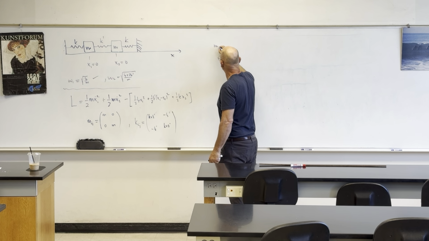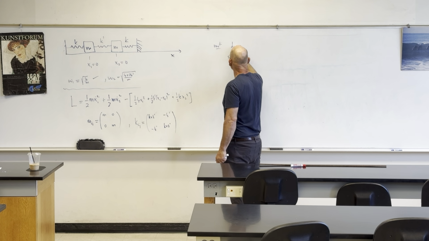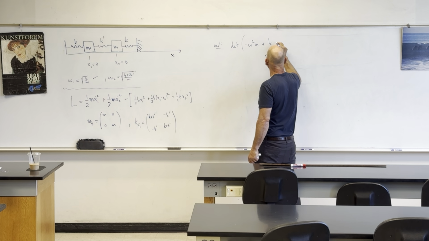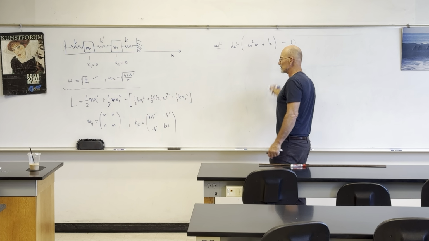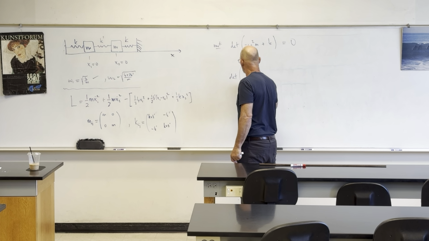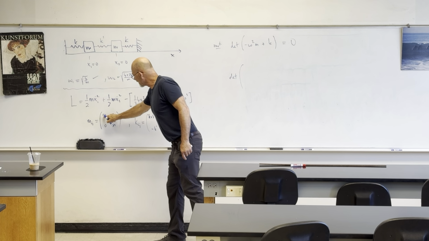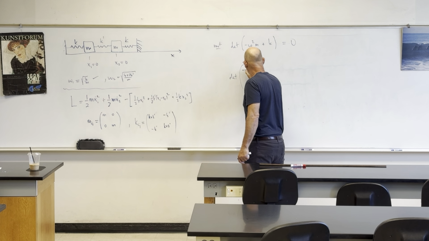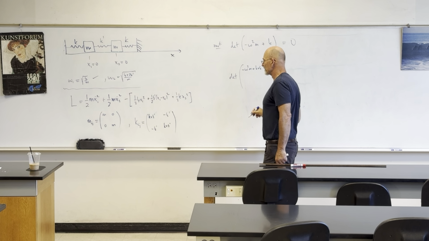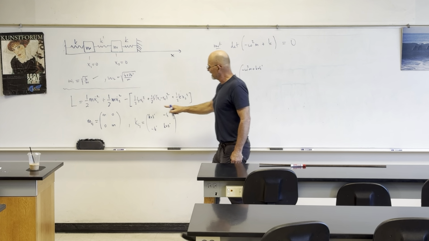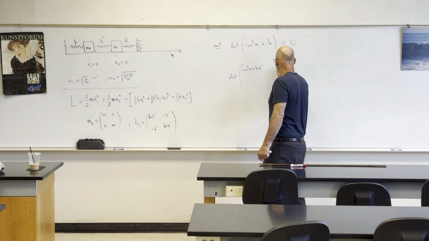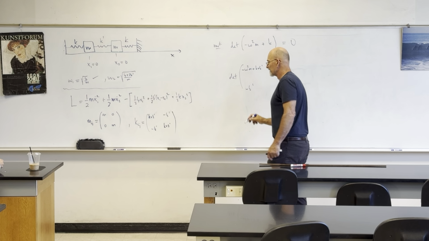So next, determinant of negative omega squared m plus k equals 0. And that means the determinant of negative omega squared m plus k prime, and then here I've got a 0. I've got negative k prime on the off diagonals.